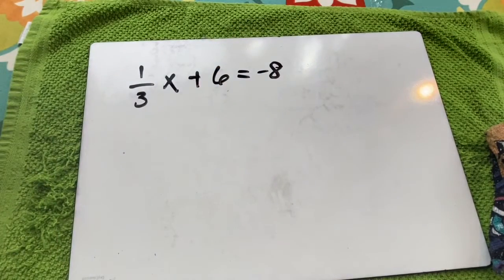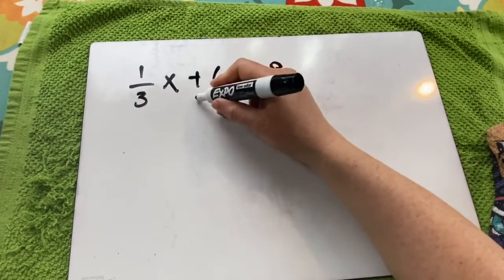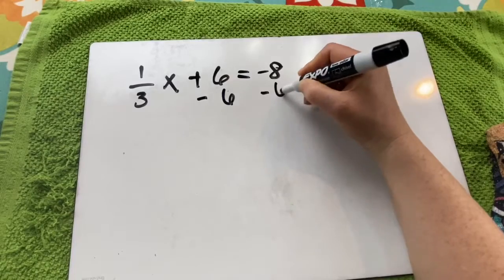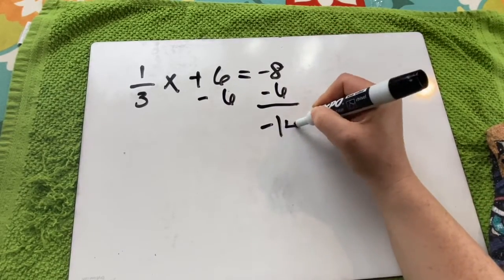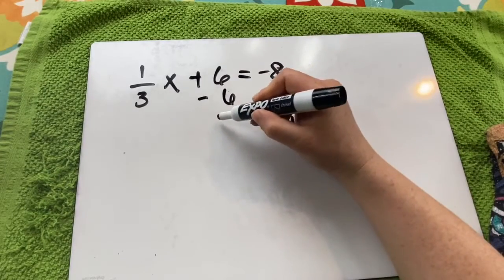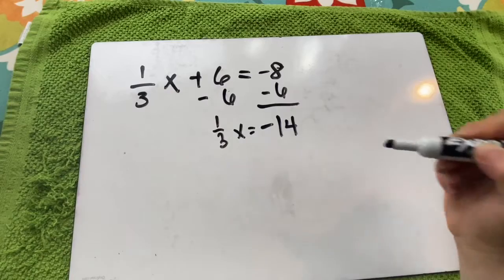Like that. Okay. So step 1, get rid of that number by itself. So 1, -6, -6. A negative minus a negative is a bigger negative. So we're at -14. So we have 1/3 x equals -14.